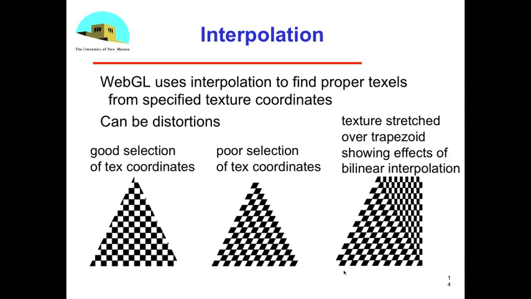So here I've assigned texture coordinates to the four corners of a quad, but because the hardware has broken up that trapezoid into two triangles, the texture coordinates get broken up and interpolated separately over these two triangles, and I get this bizarreness of how the texture is mapped.